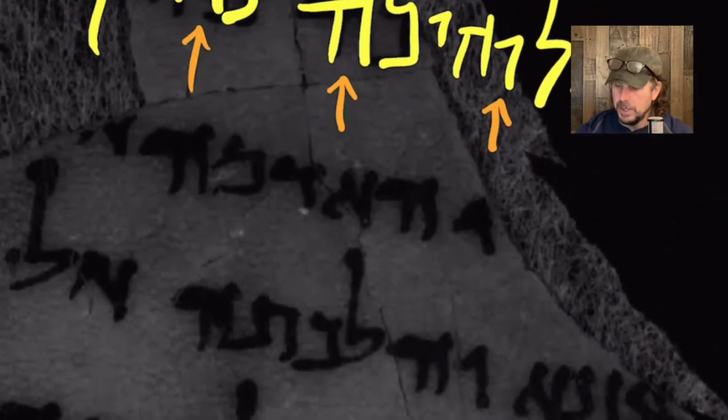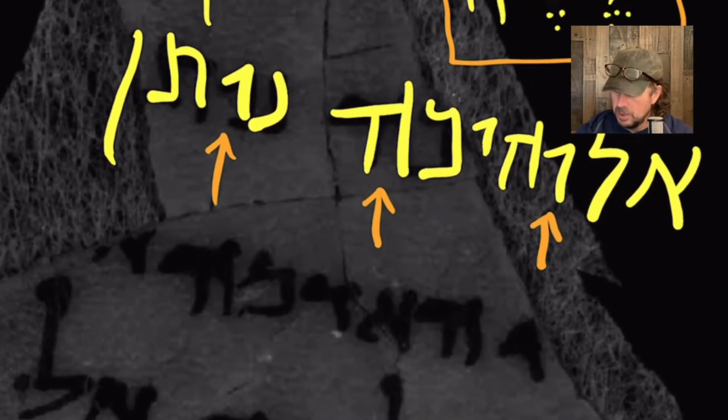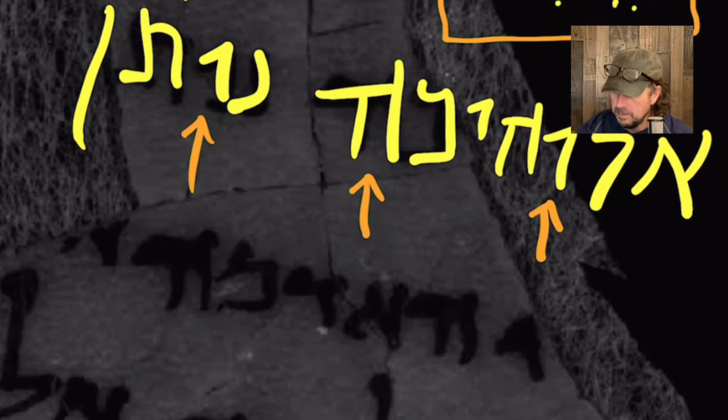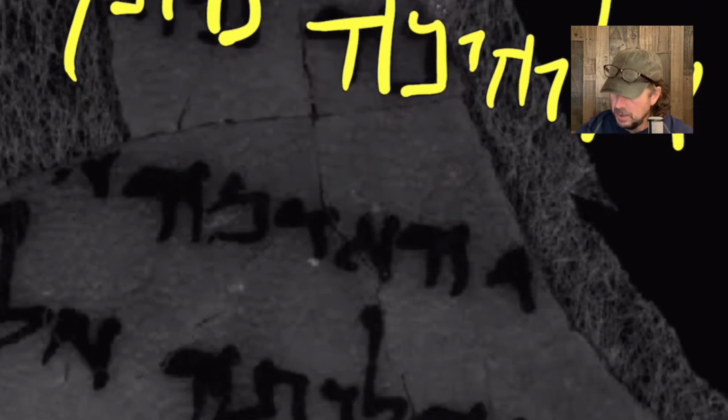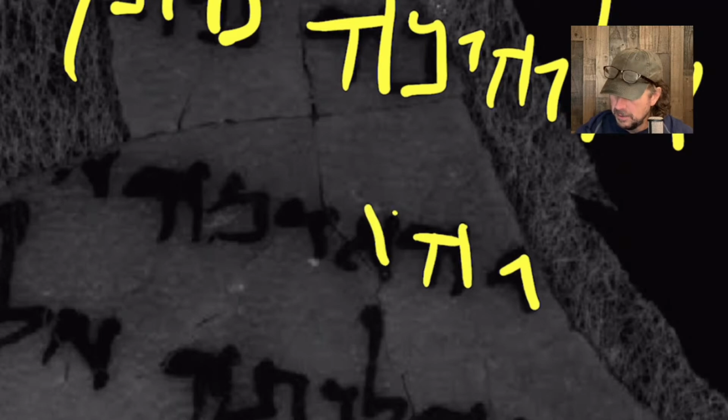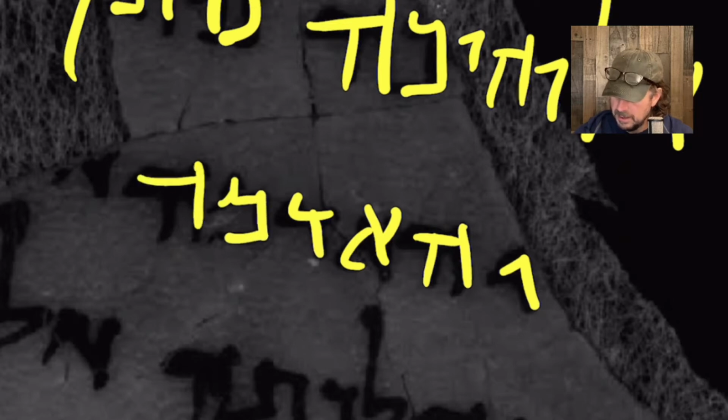So how do we know this is the text? Well, we continue on. So what I'm going to do, we'll come back and mark those later. Let's go back to a yellow. We see a yod here, the next line. Then we see a hey, another aleph, a dalet, a mem, and another hey.